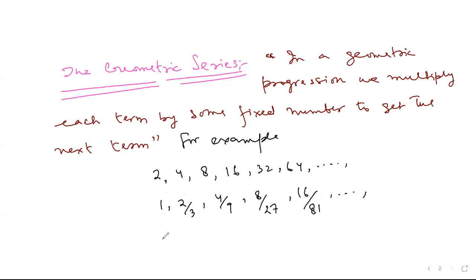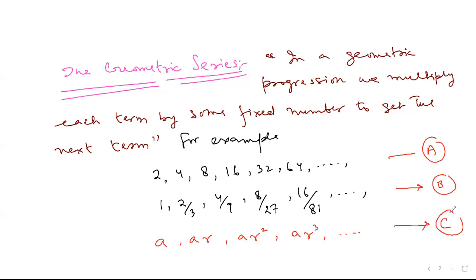Similarly, in general, we write A, AR, then AR squared, then AR cubed, and so on. Let me name them. This be A, this B, and this C.